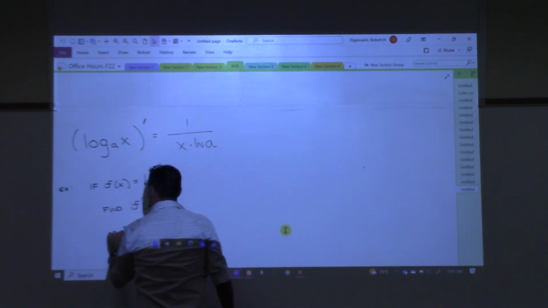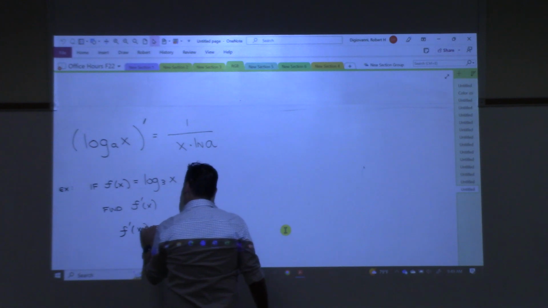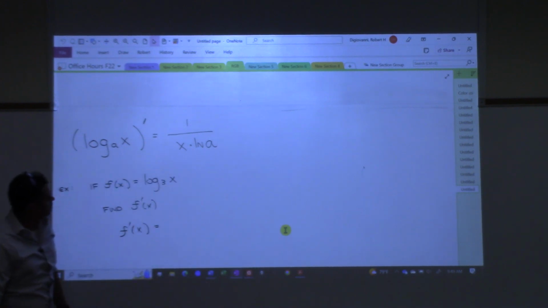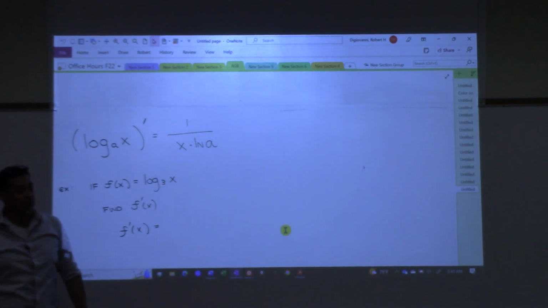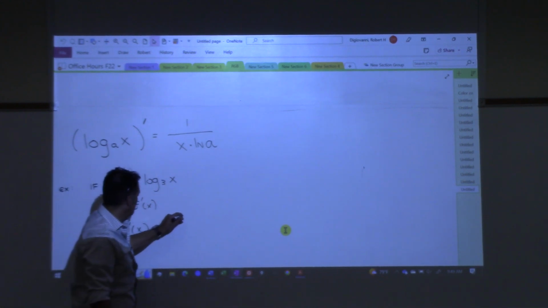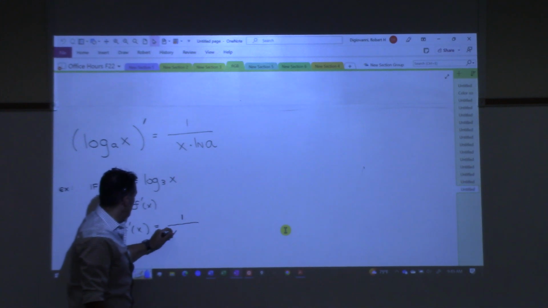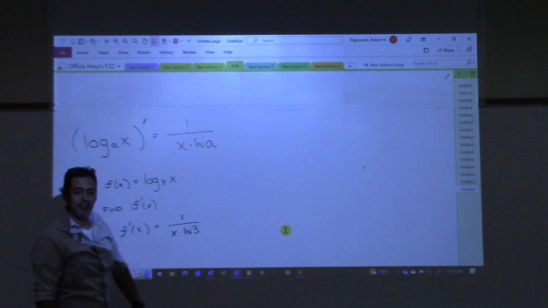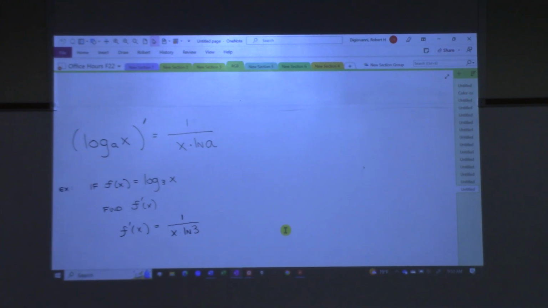The derivative will be one over x, natural log of 3. Thank you. That's just plugging into the formula. That's it. There's no magic here.